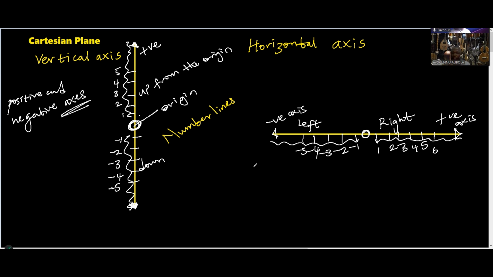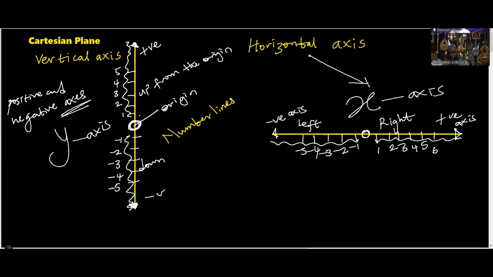Having said that, we name these axes the X and Y axes. The X axis is the horizontal. The Y axis is the vertical. So if Y has a negative value, Y is going down, that's the negative Y axis.